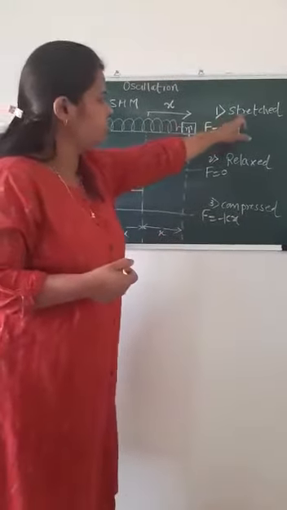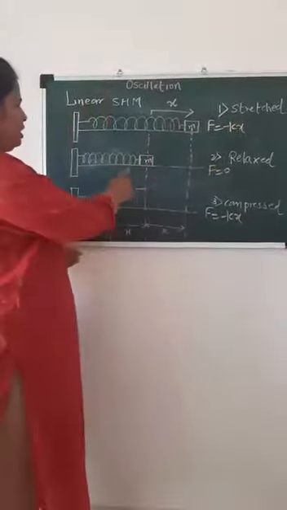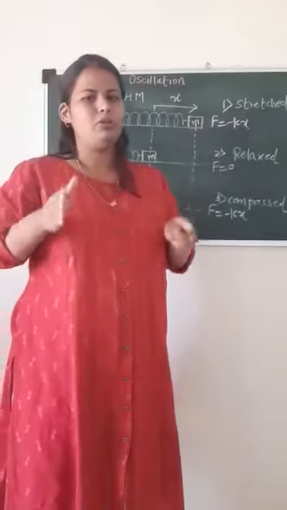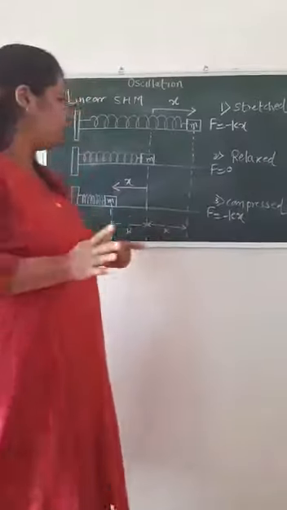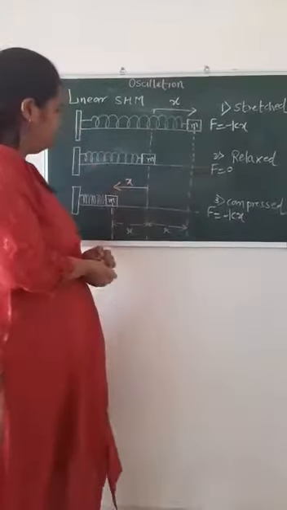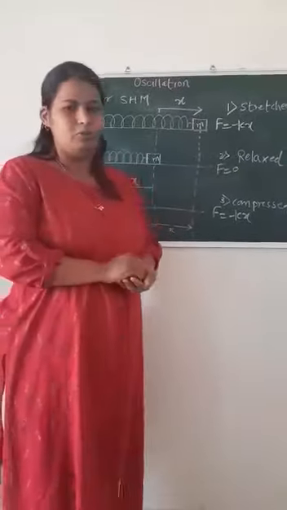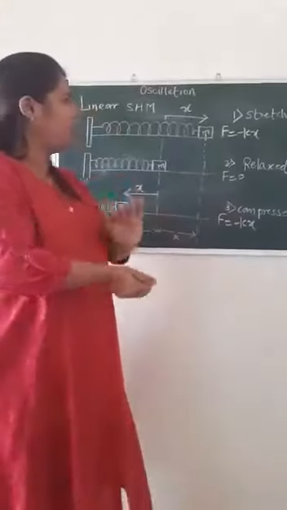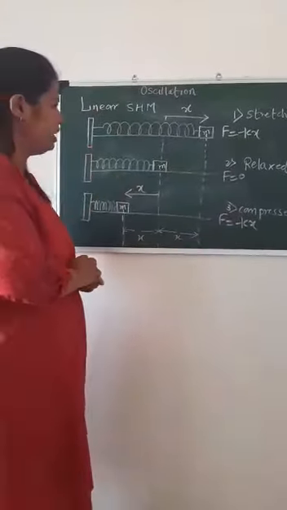That is the first case, the stretch case. The second case is relaxed, meaning the position of the spring is already the relaxed position. The third one is the compressed position, that is, with a compressed spring. So let us see what happens in these three cases.